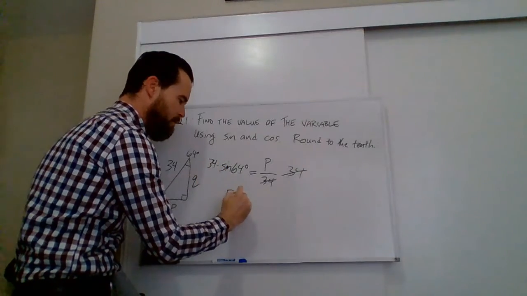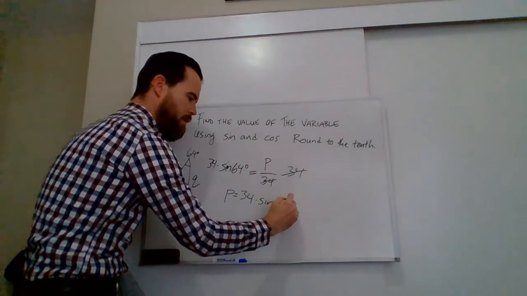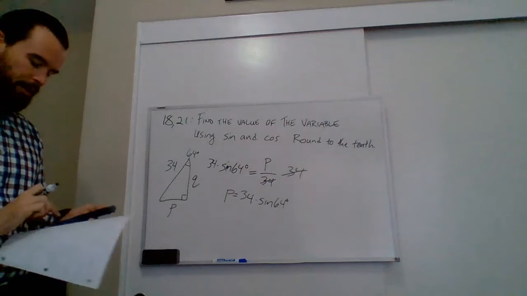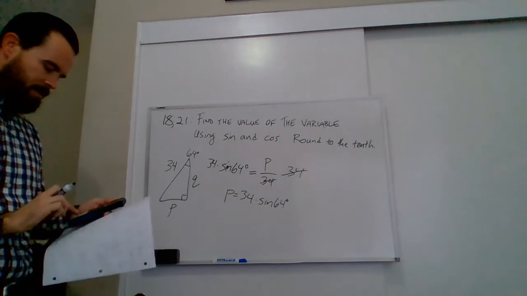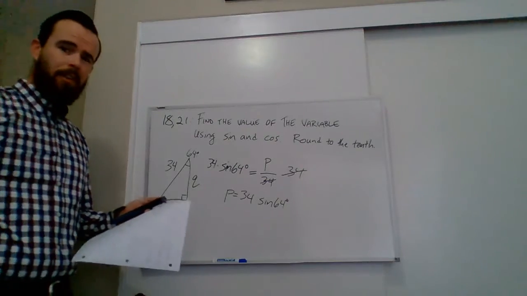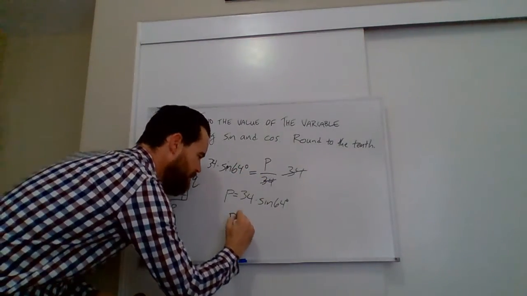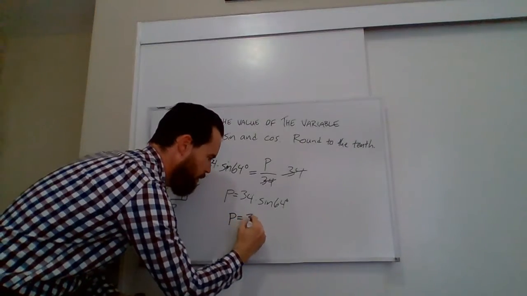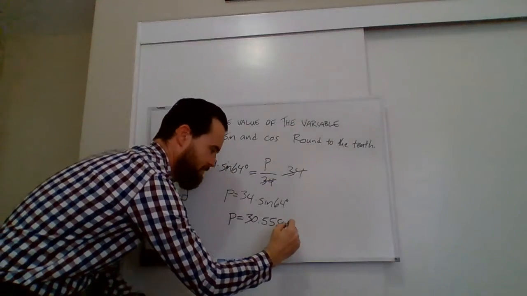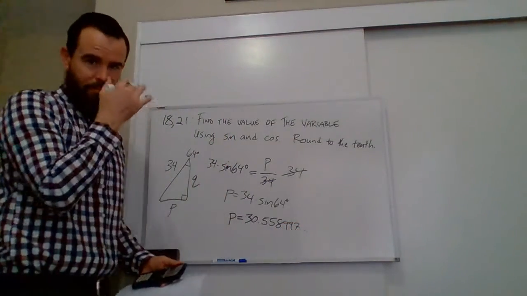Then we get P equals 34 times sine of 64 degrees. Got to do our calculator again. We get another large, long decimal, and it's 30.558997, and that just keeps going on.